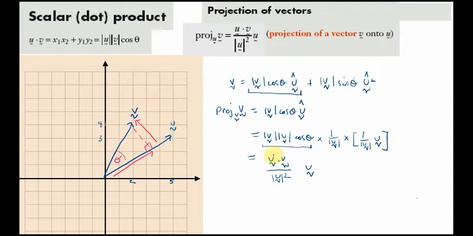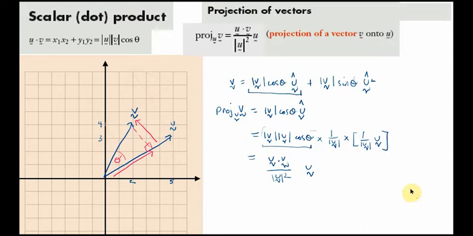And notice that u dot v is not a vector quantity, it's a scalar quantity that goes into calculating the magnitude, divided by the magnitude of u squared. If we come up here, that has the same effect as using v cos theta times a unit vector in the direction of u.